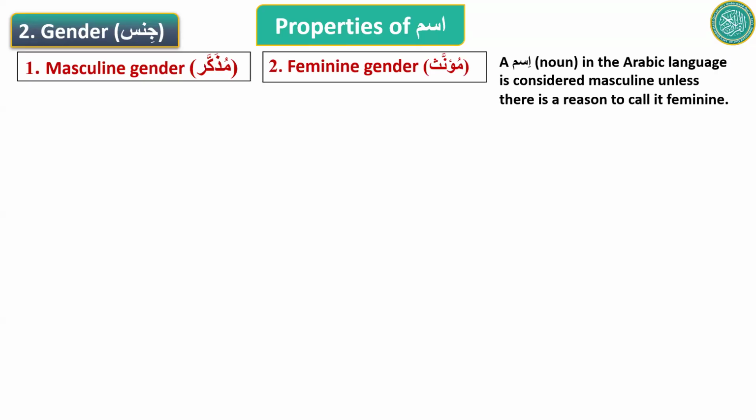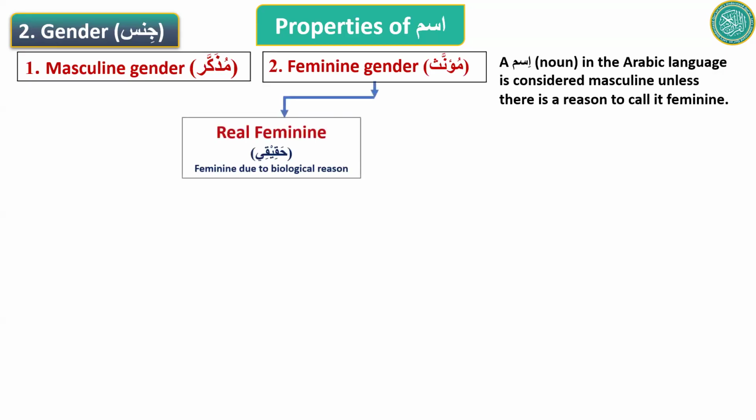And if you don't find anything, then you call it masculine. You fall back to the masculine, the default gender. So again, when you see an ism and you want to know its gender, look for signs and reasons to call it feminine. And if you don't see any, then it is masculine.